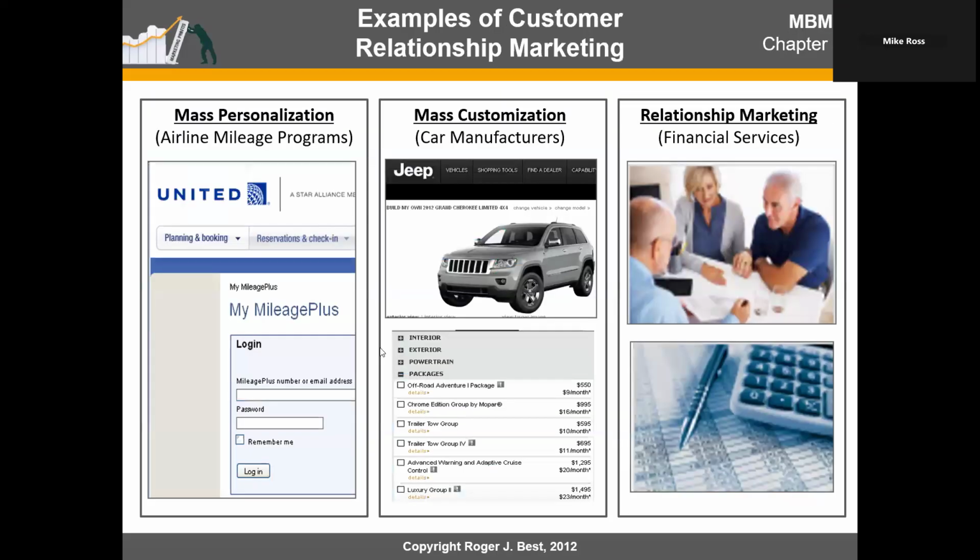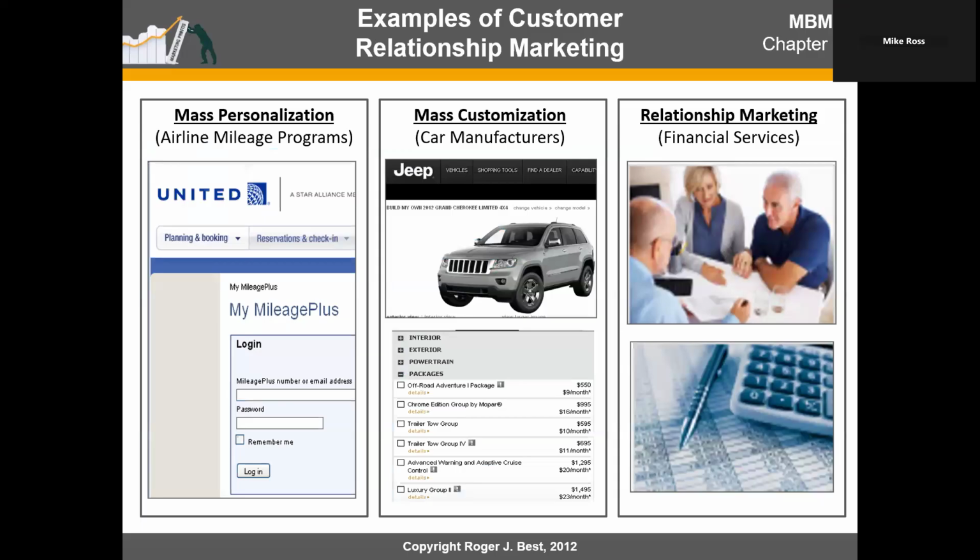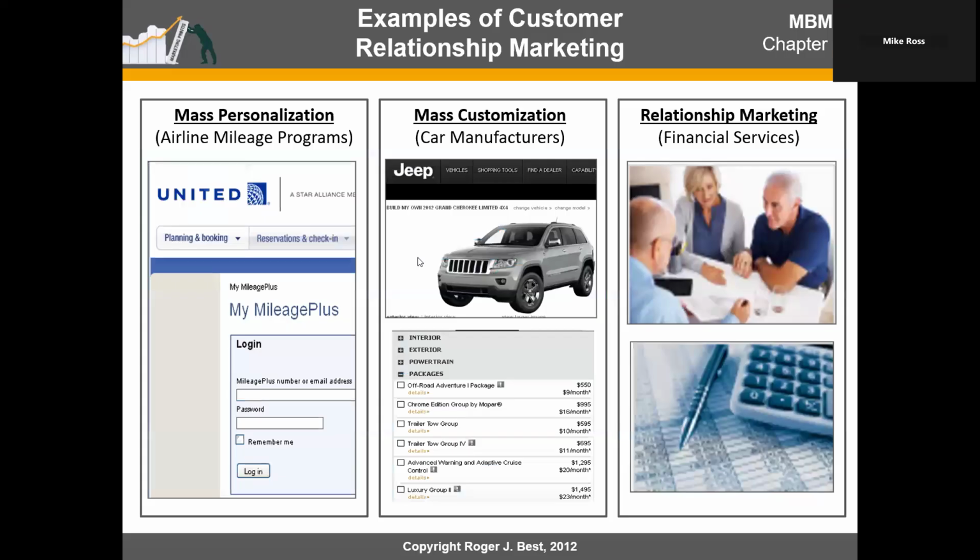So, again, we've got these storyboards around different ways that we can reach these different customer market segments.